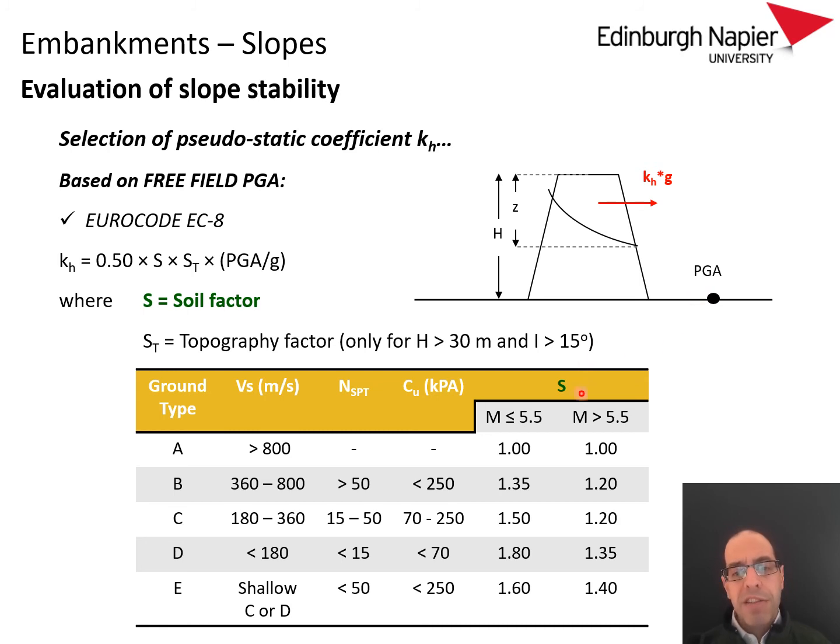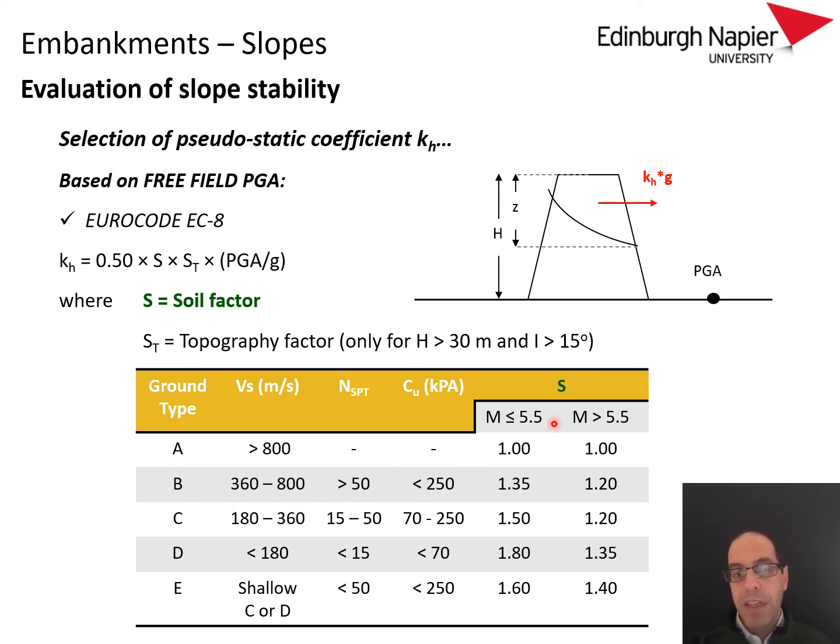And this chart has here the soil factors for specific earthquake magnitudes and the different soil types according to the shear wave velocities. And I believe that you have already discussed this in some detail with Juan, but if not, you can simply define the soil types, of course, on the basis of shear wave velocities or SPT tests or values of undrained shear strength.